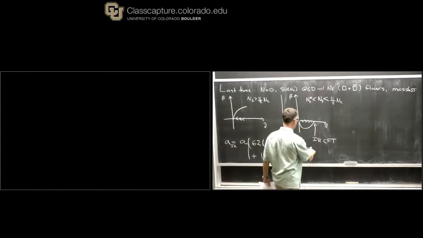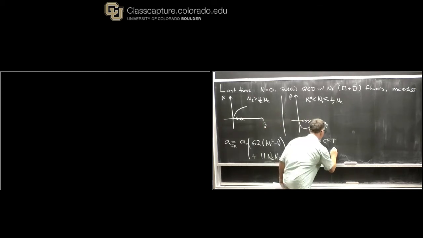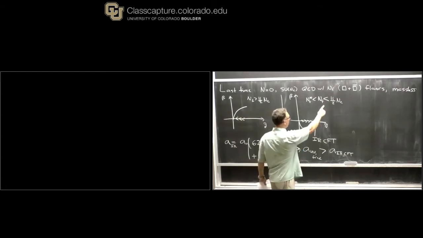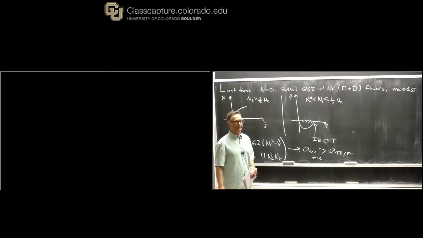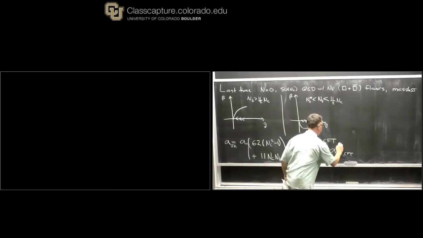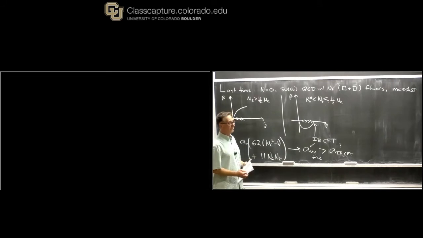And so this is what we know. It's ultraviolet free. And then according to the A theorem, it's bigger than the A in the infrared conformal field theory. And the A in the infrared conformal field theory is some function of NC and NF, which if we're very close to the upper bound of this conformal window, we could try to compute it in conformal perturbation theory. But in general, it's not known. So this is known, and this in general isn't known. But this is the inequality that we expect from the A theorem.